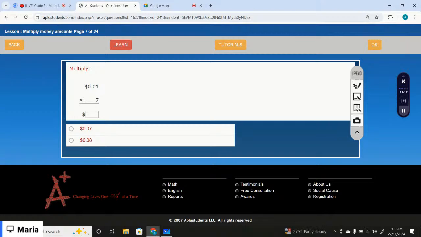So, which is the correct option? That is 0.07.